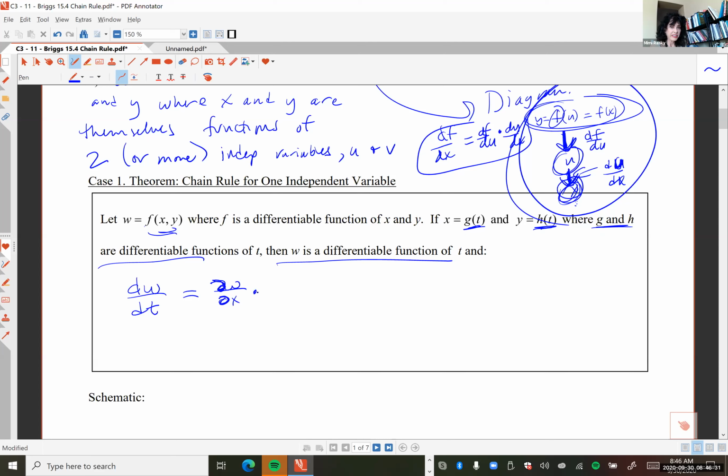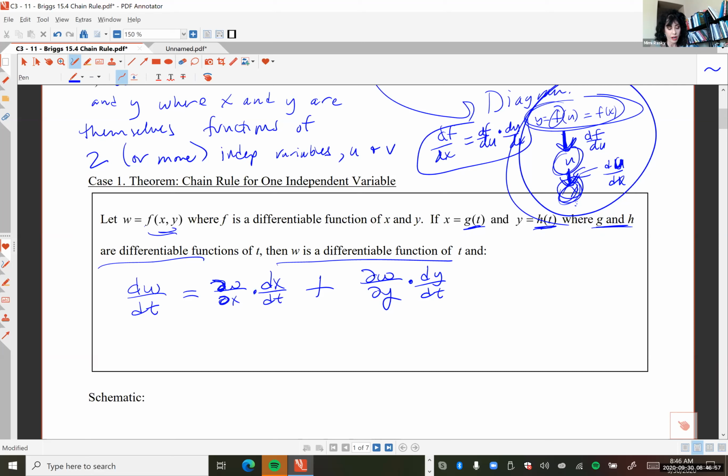Times, now this next derivative is going to have a straight stem d, dx dt, because x is a function of a single variable, and when you're doing derivatives for functions of single variables, like you did in Calc 1 and Calc 2, you get a straight stem letter d, plus the partial of w with respect to y times the derivative of y with respect to t.